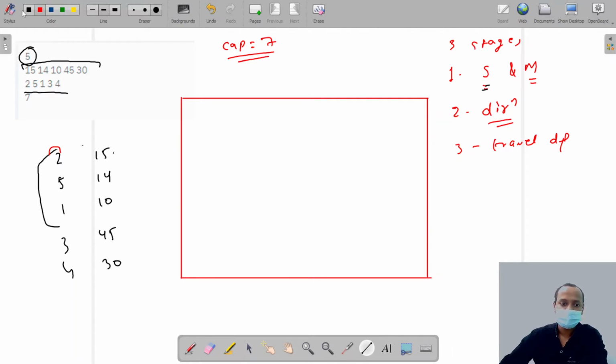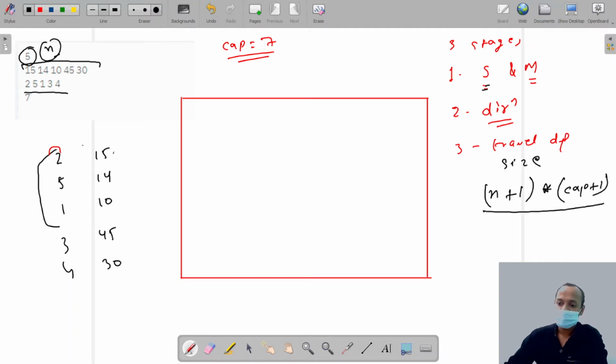Now the size of the DP: we have 5 items, say n, so we're going to make n plus 1 by capacity plus 1, since capacity is 7. So the size of the DP is 6 cross 8, because the items are 5, so we make 6, and the capacity is 7, so we make 8.